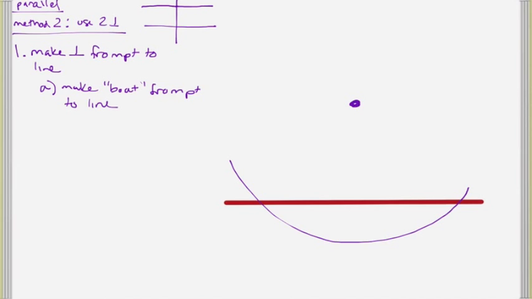Okay? Put your compass point on the starting point. Have your compass open wide enough so that it'll hit that line in two places and make what I call the boat. Where we get intersections is a good place to put points.